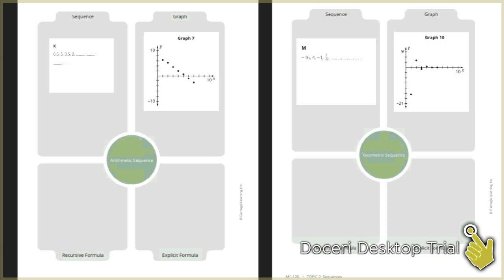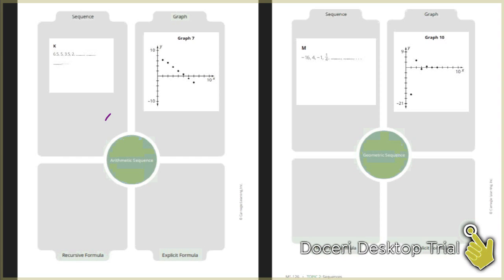So I matched graph 7 because it looked like it was starting right about 6.5 and it was going down at a constant rate each time, going down by about 1.5 to where I got into the negatives with my last 2 terms, which I know the last 2 terms that I wrote in there were negative terms. Okay? So that's how you would match the sequence in the graph. But what I want to focus on is writing the formulas.